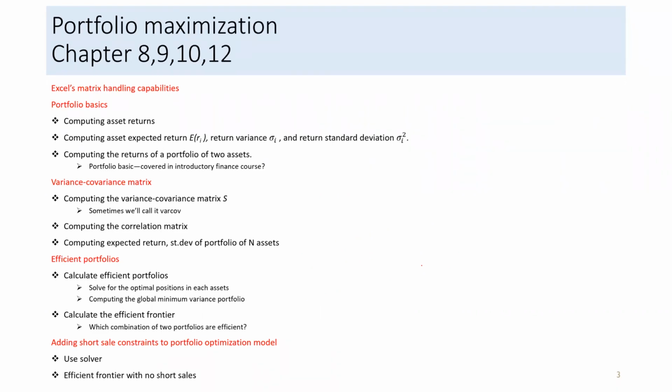Now, for portfolio optimization, we first learned a couple of chapters to get used to matrix calculation. Matrix calculation in Excel can be very straightforward and much easier than calculating everything manually. So Excel, you have different cells and those are spreadsheets, and it matches perfectly to the expression of matrix. So we just need to learn a couple of tricks or a couple of functions related to the matrix calculation.